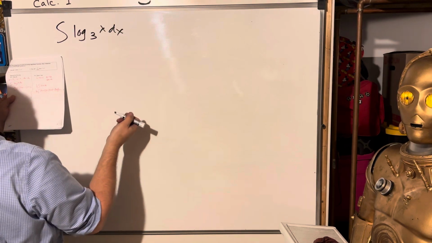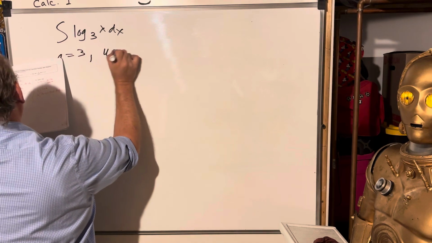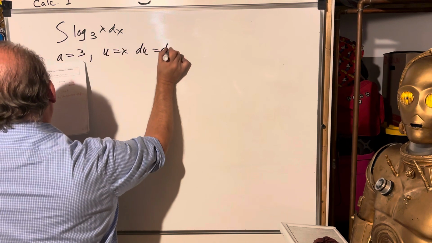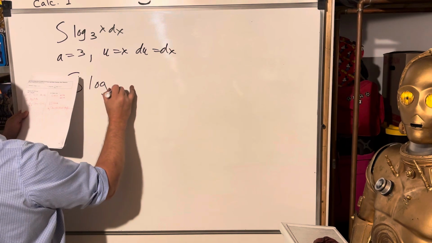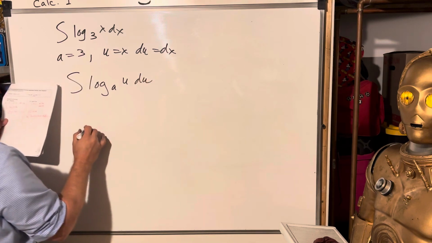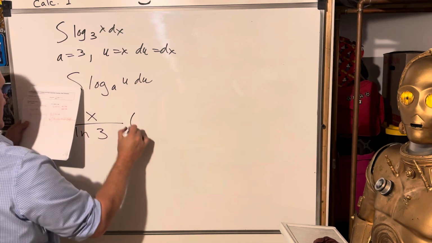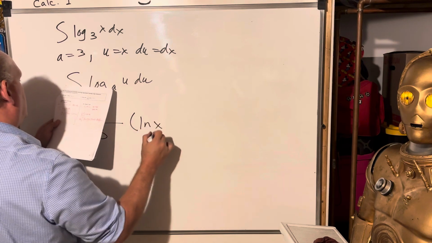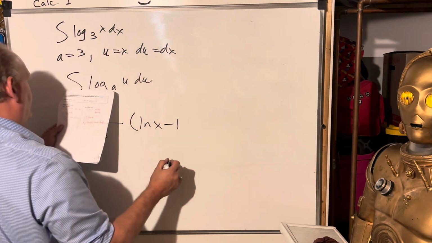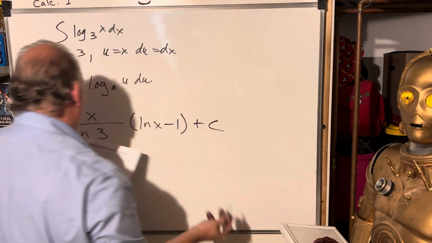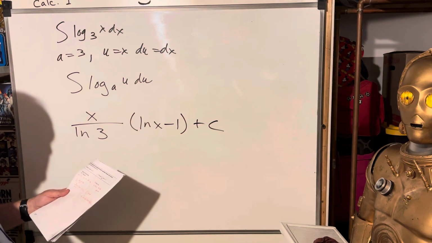So if you have different bases, let's say a is equal to 3, u is equal to x, du is equal to dx, and then we're looking at log u du. So it's just x over ln of 3 times ln x minus 1 plus c. You're just plopping it into the formula on the top of the page. That's all.